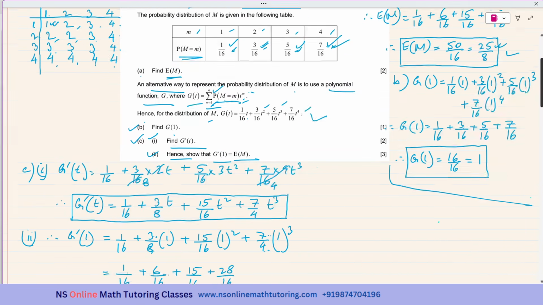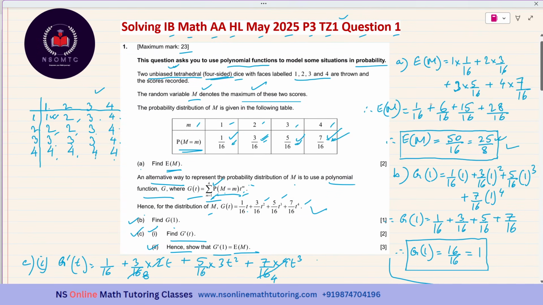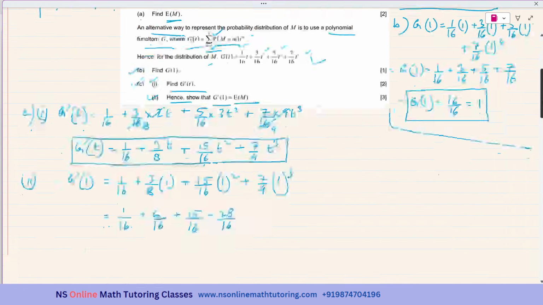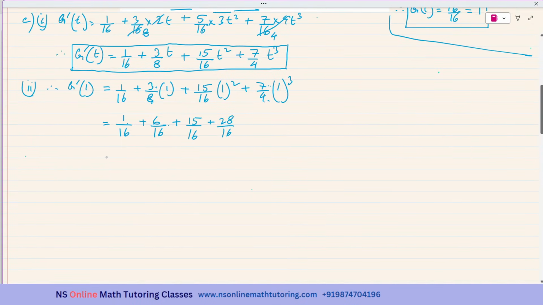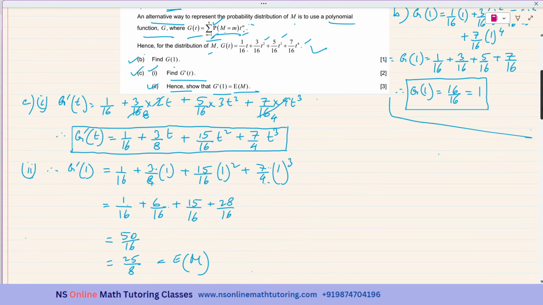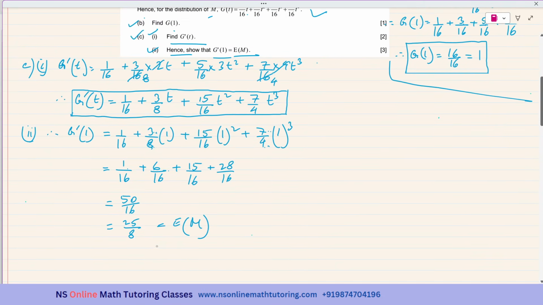You see, for the expected value of m, the denominator is 16 and the numerator will be 1, 6, 15 and 28. So the sum total will be the same, 50 over 16, which is equal to 25 over 8, which is equal to the expected value of m. Okay. So shown.